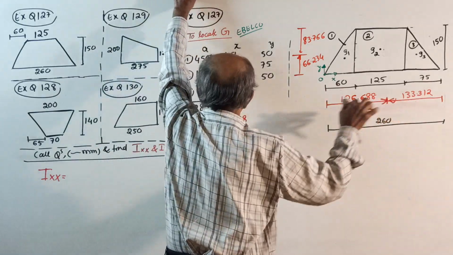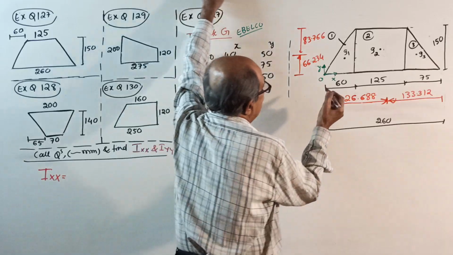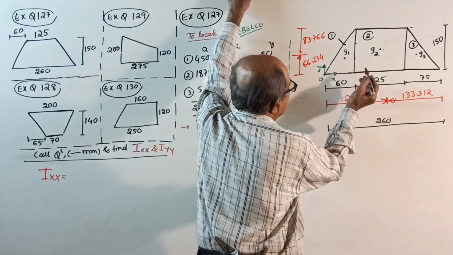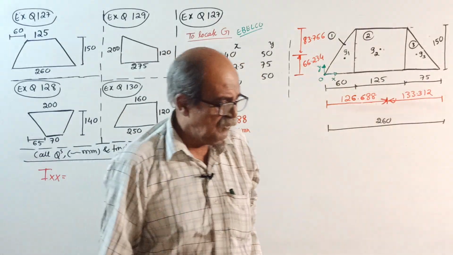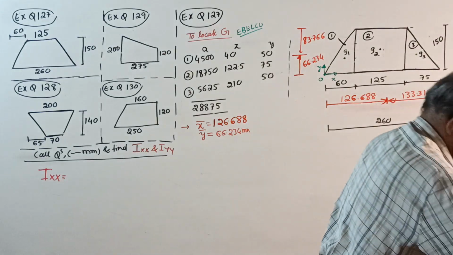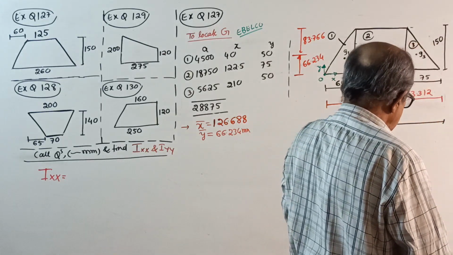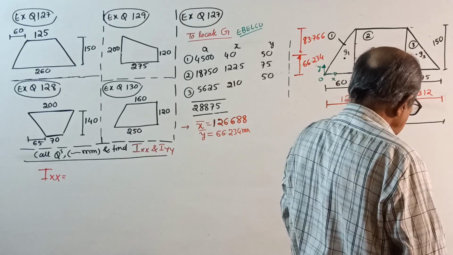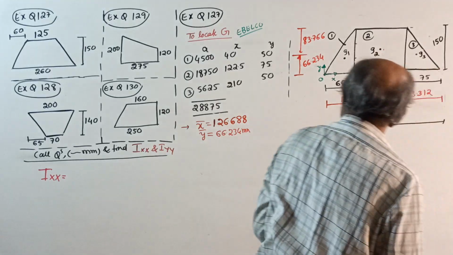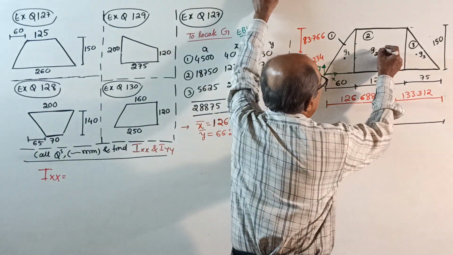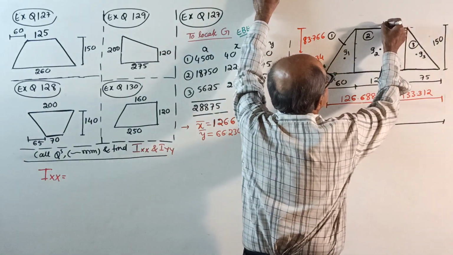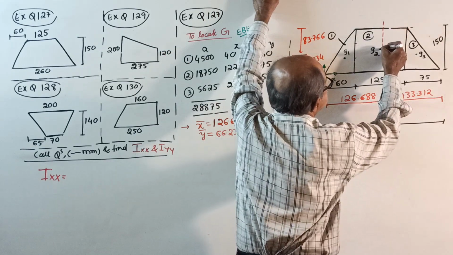See, x bar is 126. 60 plus half of 125 is how much? 60 plus 125 by 2 is 122.5. But x bar came 126, so slightly after G2.